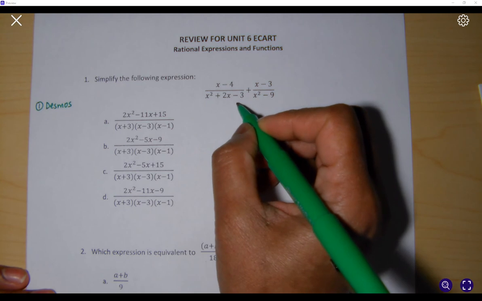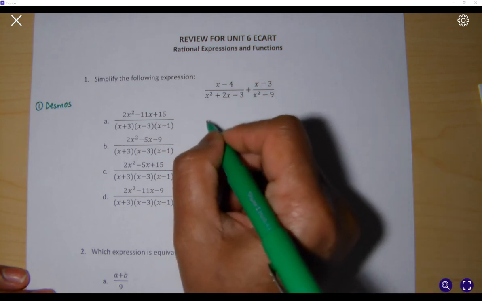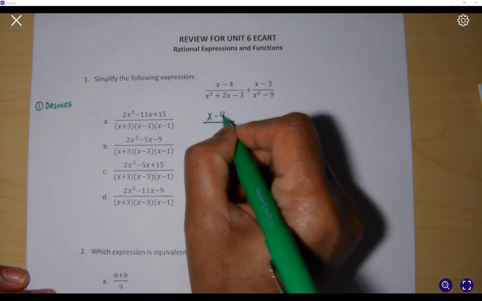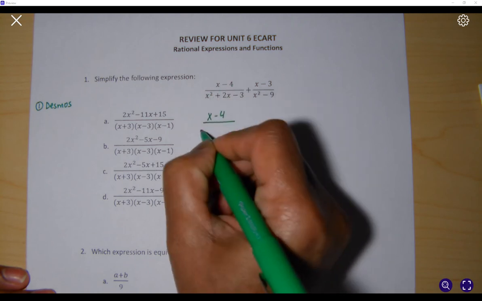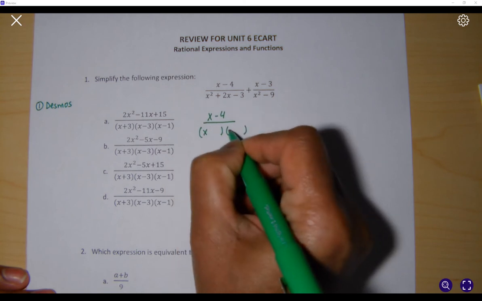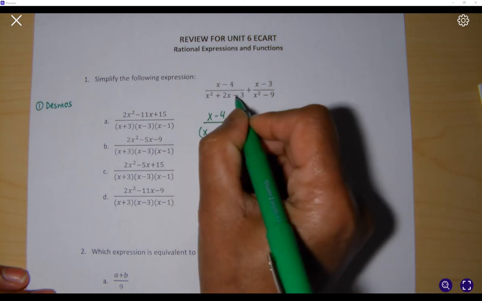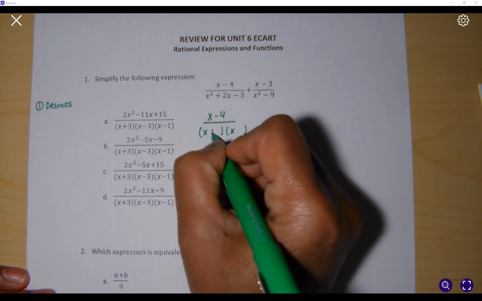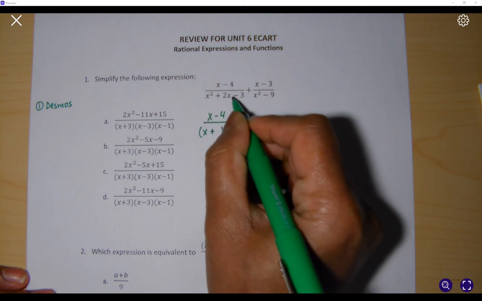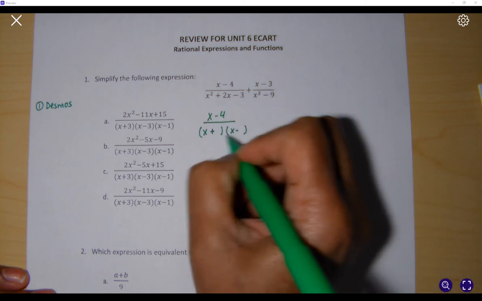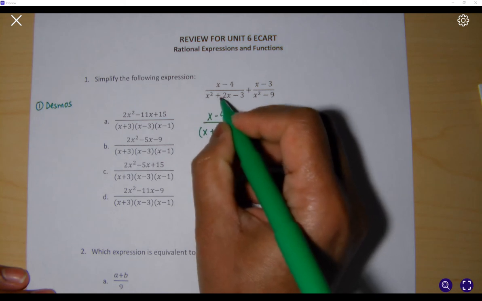So let's factor this. To factor this, I'm going to bring the numerator down, x minus 4, and then the denominator, I'm going to write it in factored form, x. And so here we need to think about two numbers that multiply together to give you -3, one positive and one negative, and those same numbers have to add up to +2.